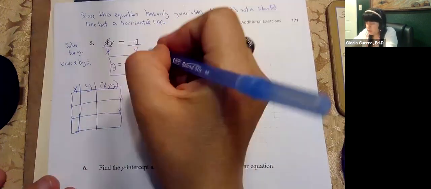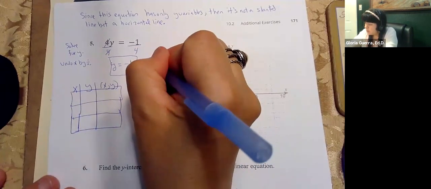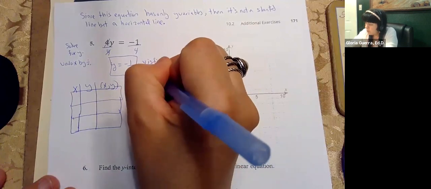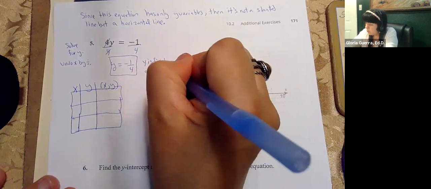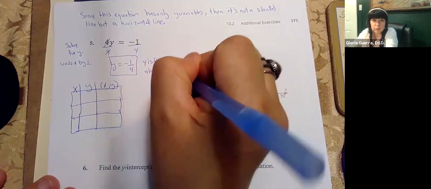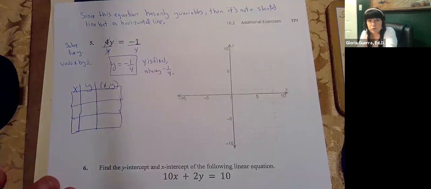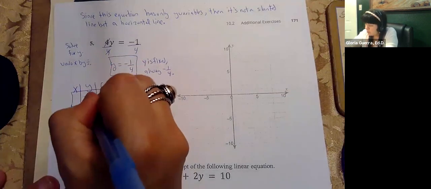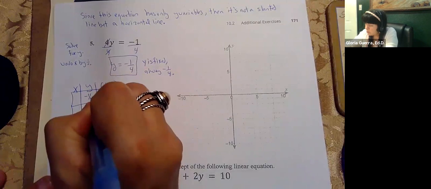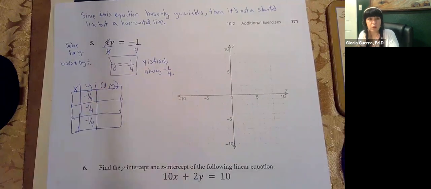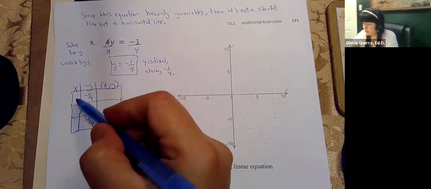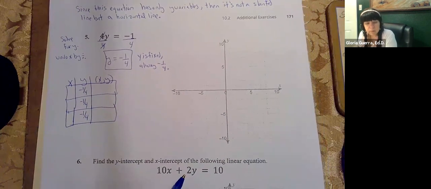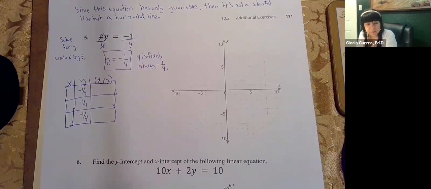And this is saying that y is fixed, always equal to -1/4. So everywhere you have a y, you need to put a negative 1/4. So you want to make sure you put it in the right column. Don't put it by accident in the wrong column.